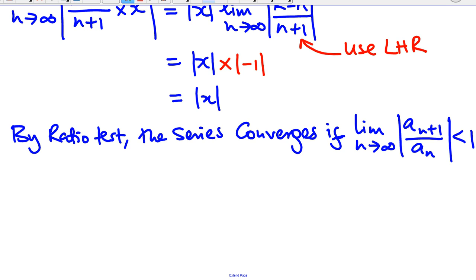Which means that our expression here should be less than 1 for convergence. So therefore, the absolute value of x is less than 1 for convergence.